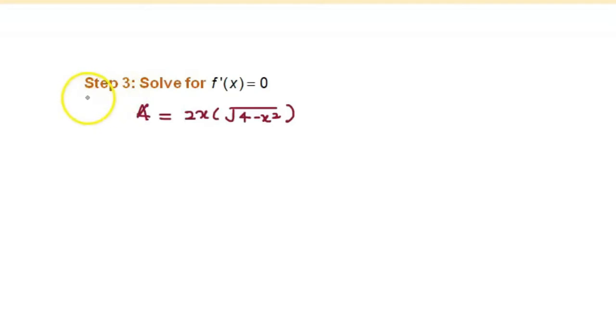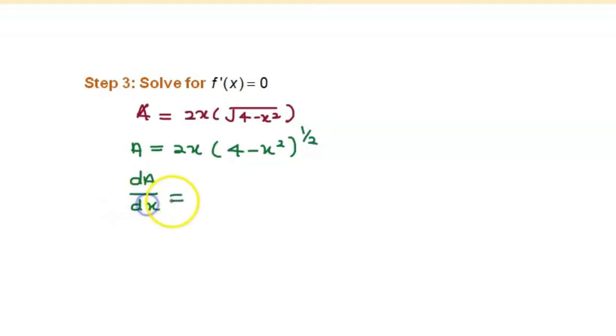Well, we are now in step 3 to solve f prime of x equals 0. We have skipped step number 2 since our A is written as a single variable function. So now A can be written as 2x times 4 minus x squared to the power of half. Finding the derivative dA over dx can be done by using the product rule between the first and second expression.